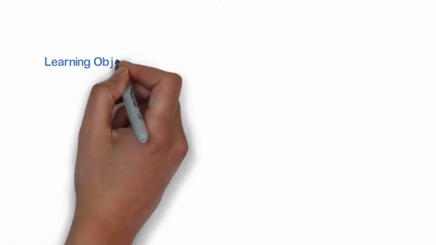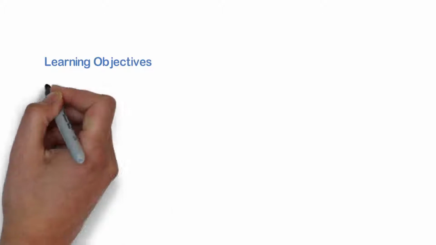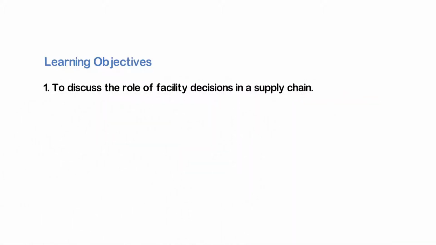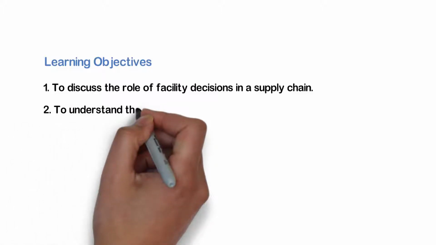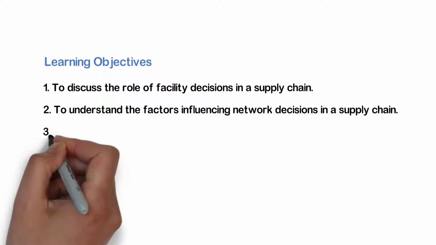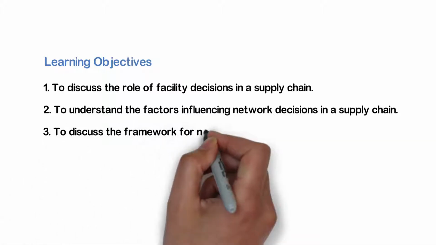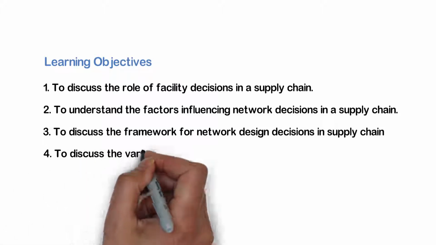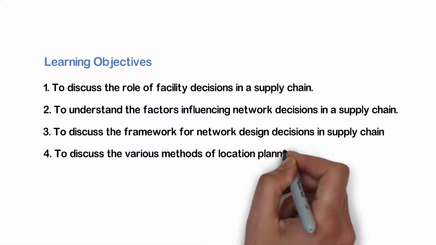The learning objectives of this module are to discuss the role of facility decisions in a supply chain, to understand the factors influencing network decisions in a supply chain, to discuss the framework for network design decisions in the supply chain, to discuss the various methods of location planning in a supply chain.